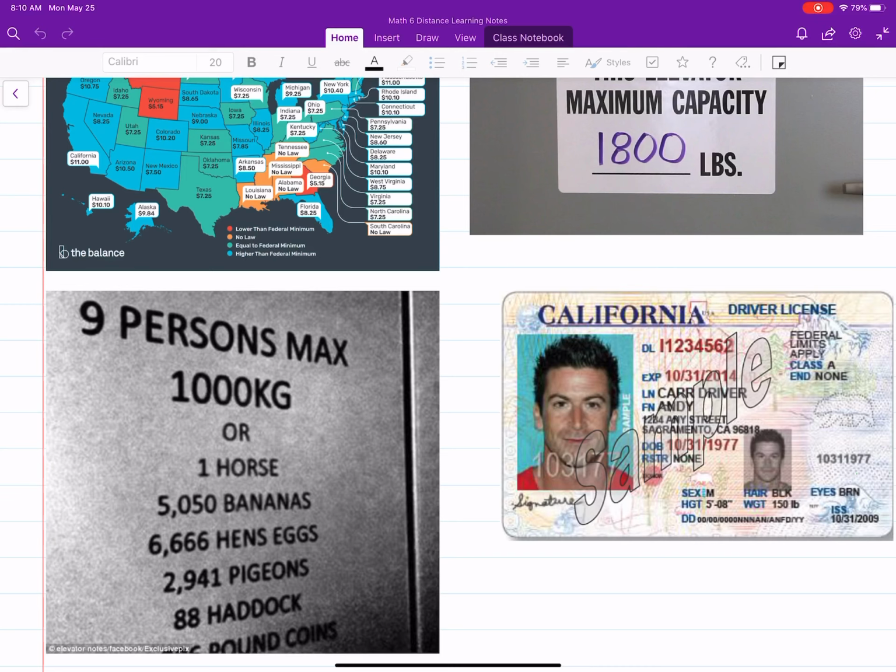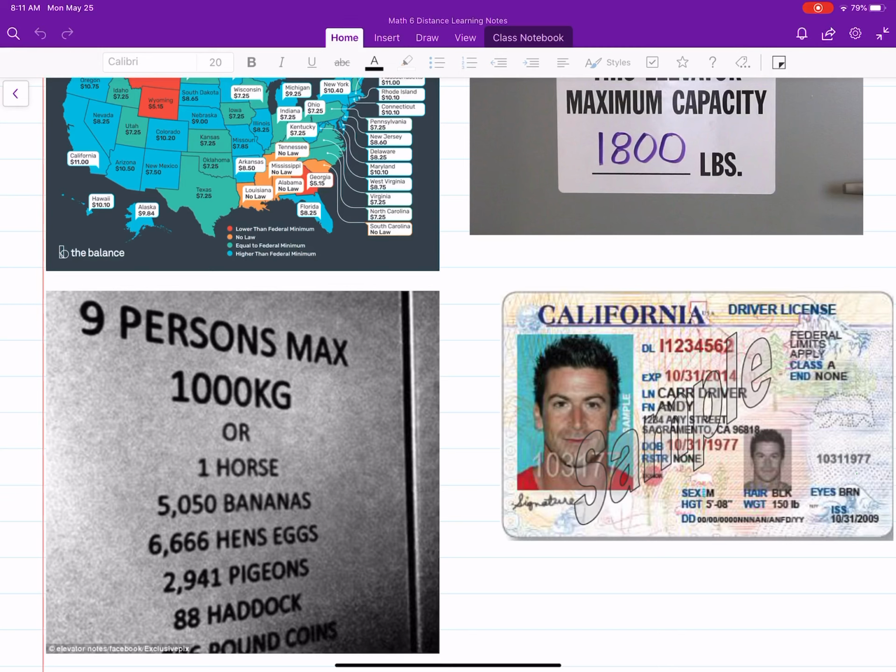It says 9 persons max, 1,000 kilograms, or, I thought this was funny, 1 horse, or 5,050 bananas, or 6,666 hen's eggs. So I'm thinking this is probably in the countryside somewhere. Maybe it's a lift. Maybe it's a truck. I'm not real sure. Anyhow, there's that one.